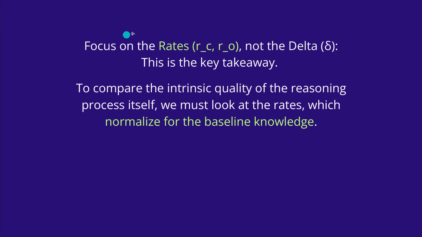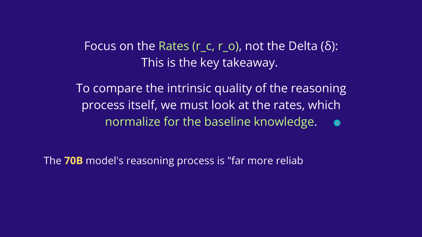So they say, let's focus not on delta, let's focus on the normalized rates. And they say this is the key takeaway from our study. To compare the intrinsic quality of the reasoning process itself of an LLM, we should look at the rates RC and RO, overthinking, which normalize for the baseline knowledge. Now this makes sense.